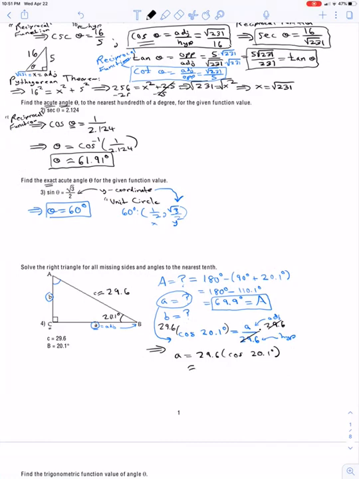So A is approximately 27.8 units in length. So there's one of the 2 missing sides, using cosine. Now we could, if we want, at this point use the Pythagorean theorem, now that we know 2 of 3 sides, and find the other side.